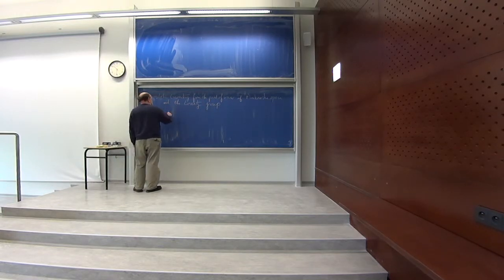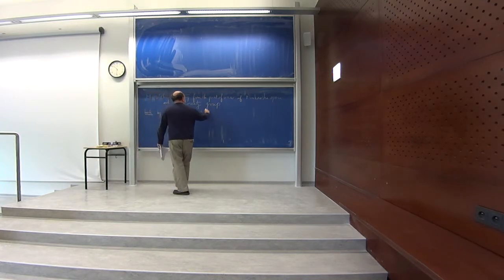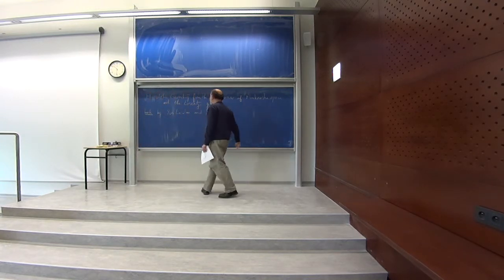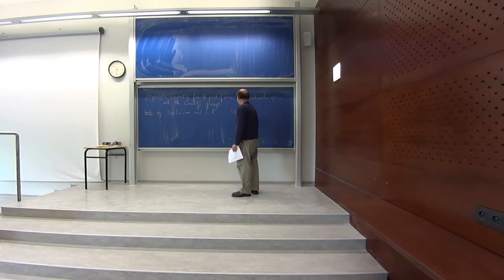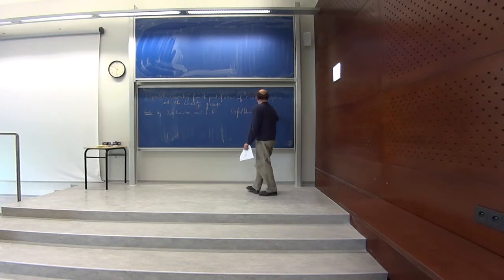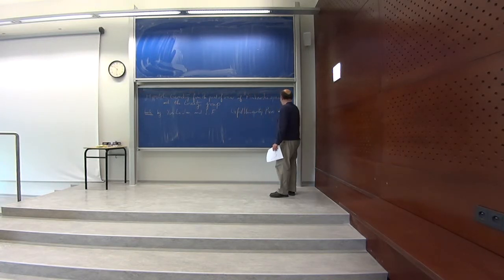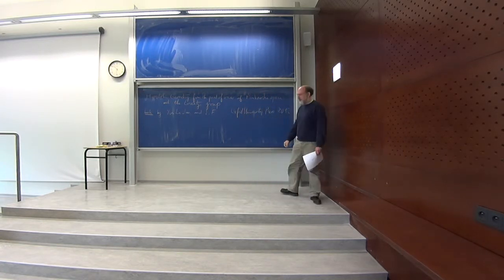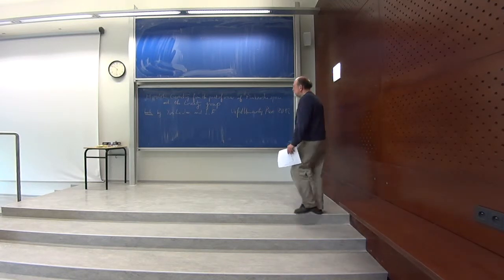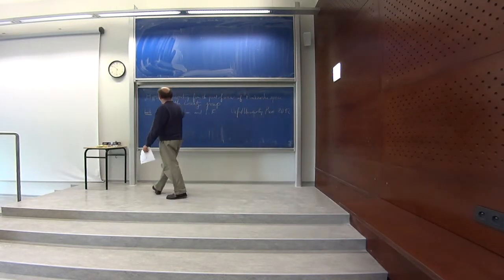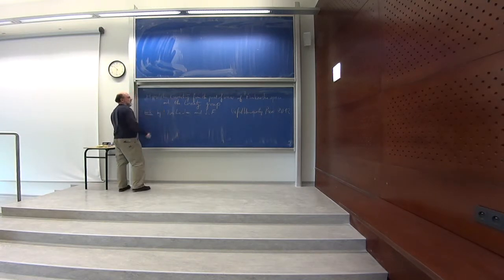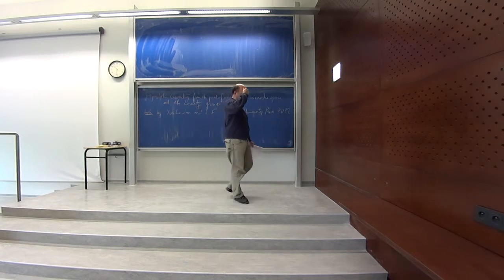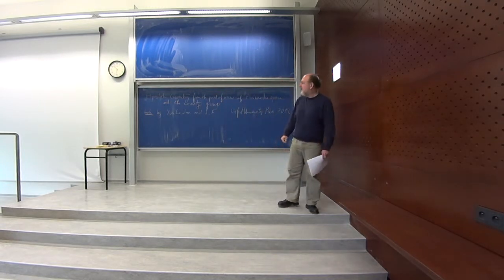by Yves Lejean and myself, which appeared at Oxford University Press in 2012, which is named Hyperbolic Geometry and Hyperbolic Dynamics and Brownian Motion.